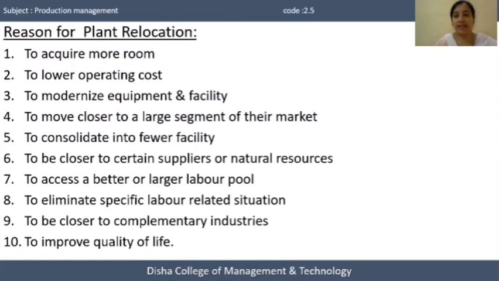If the plant is unable to get sufficient labor and imports labor from outside, it generally increases the labor cost, and if labor cost increases, automatically the firm's production cost increases. To avoid this, the industrialists want to change their plant to an area where low labor charges and sufficient labor are available.